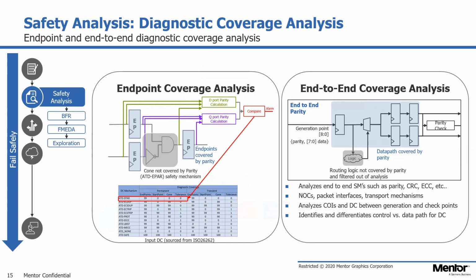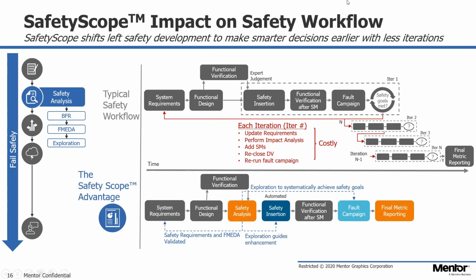And this is where we see the value of the tool overall. On top, this is the regular flow. You have your requirements, you do your design, then you run safety insertion, you run your verification, and you run your fault campaign, and then you check if your safety goals were met. If not, then you need to go in various iterations.